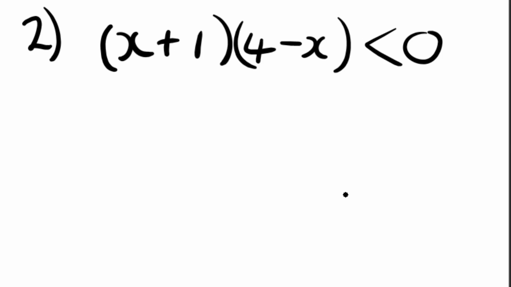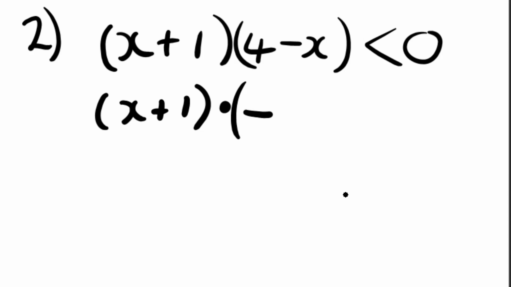What we're going to do is we're going to rewrite it as x plus 1 multiplied. This one, we are going to take out the negative sign outside of the bracket. We take it out, the negative sign, and then inside of the bracket, we are left with minus 4 plus x.